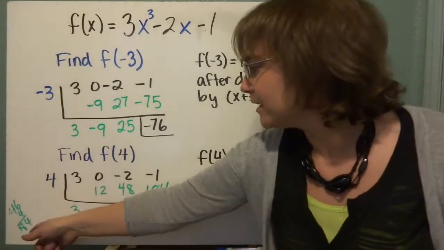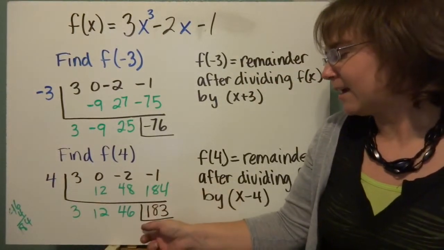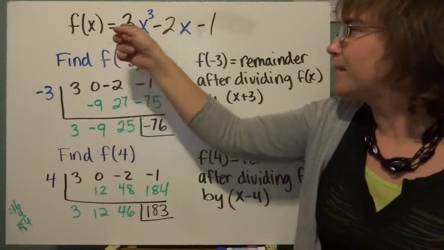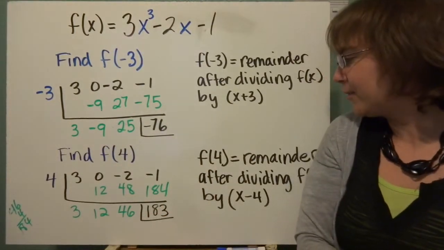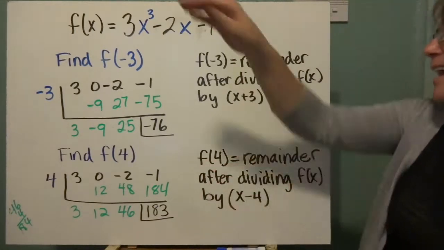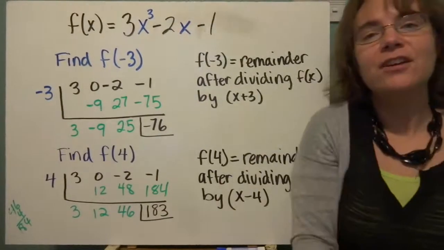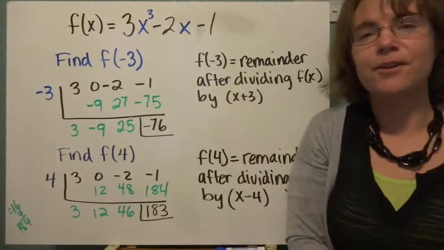Then I subtract 1 from this 1 up here, and I have 183. So that means if I put a 4 in here for x, I'm going to end up with 183. f of 4 is the remainder after dividing f of x by x minus 4. Now you can use that remainder theorem to help you find values that are a little more difficult to plug in.